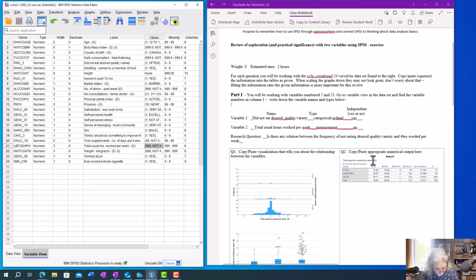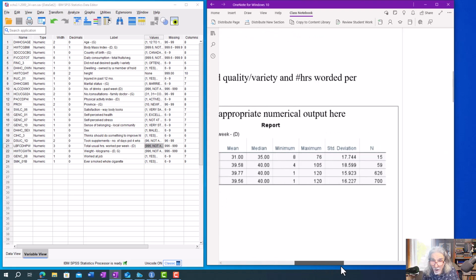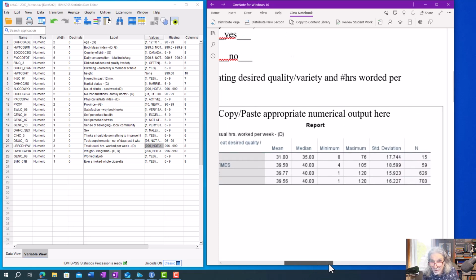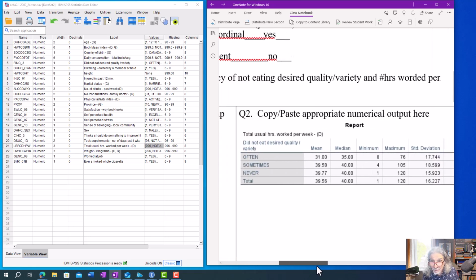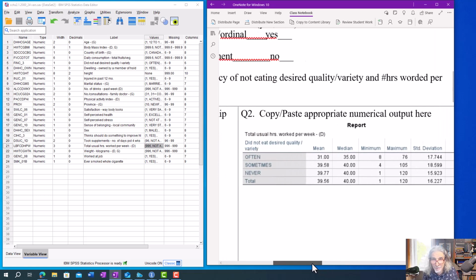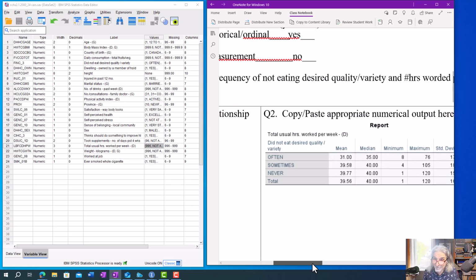Between sometimes and never, there's not much difference at all. You're pretty similar in everything except standard deviation and in n, the sample size, or the breakdown in those groups. So really, there's not that much difference, so I wouldn't spend any time on that.